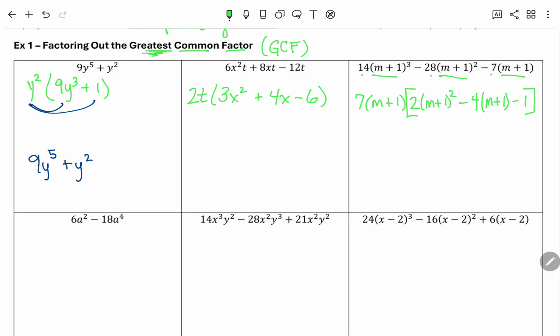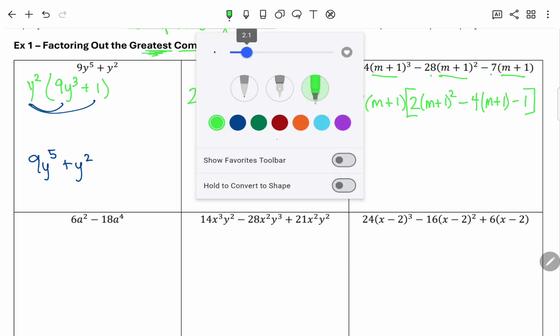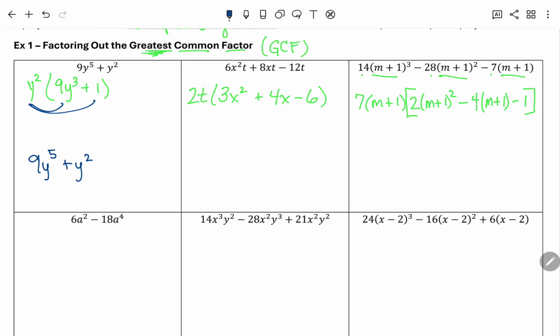Okay, we're not going to leave it like that. What I want you to notice at this point is, let's change our color. This right here we want to work with. So 7 times the quantity m plus 1 is just chilling in the front. Then I'm going to have 2 times, and I'm going to write this out to help me see what becomes of it.